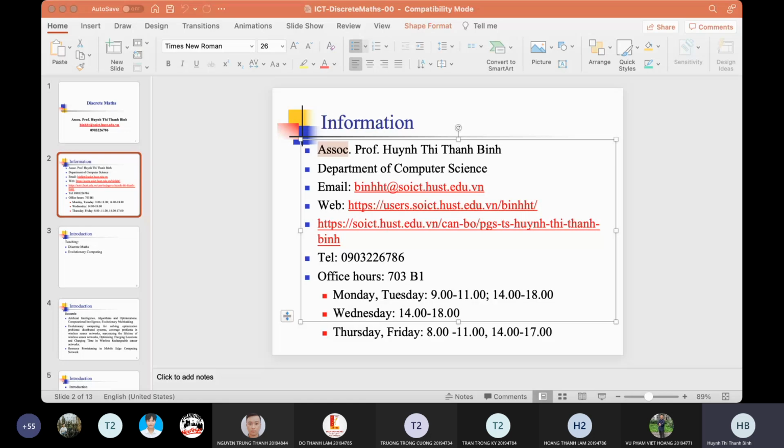We call it WCCI, the IEEE World Congress on Computational Intelligence. That's the biggest conference in the field of computational intelligence. And it will be held once per 2 years. And there are around 3,000 to 4,000 people participating in this congress.